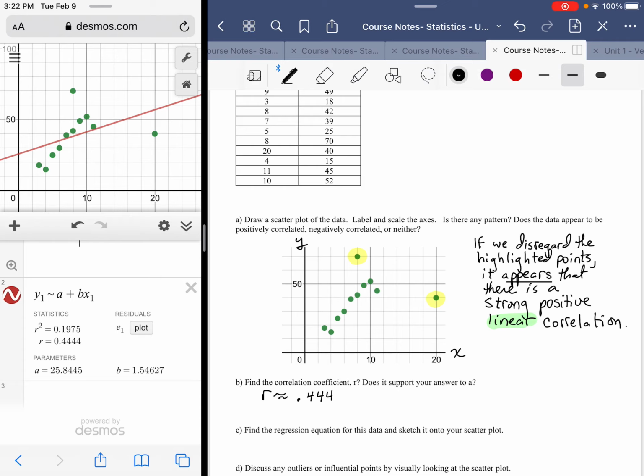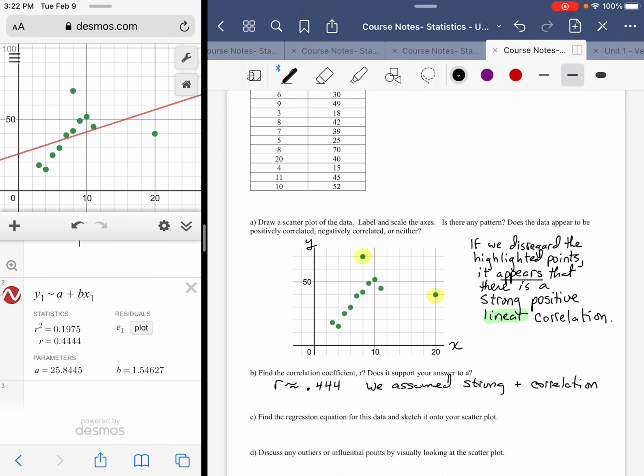So anytime we include points that are off that track, off that trend, it would reduce the correlation coefficient. So we assumed a strong positive correlation if the highlighted values were removed.